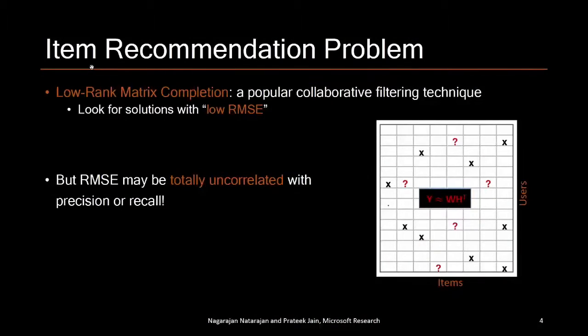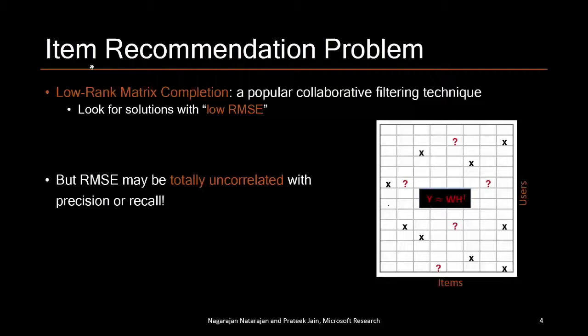Often this problem is cast as a low-rank matrix completion problem, which is a popular collaborative filtering technique, in which case you look for solutions with low RMSE. RMSE is the root mean square error, where you want to fill the matrix such that the entries are in some sense close to the original ground truth.